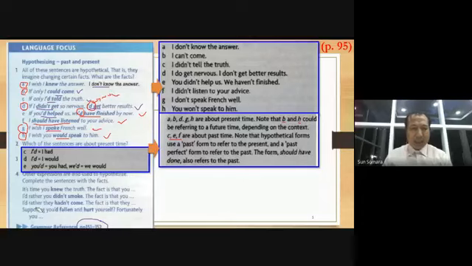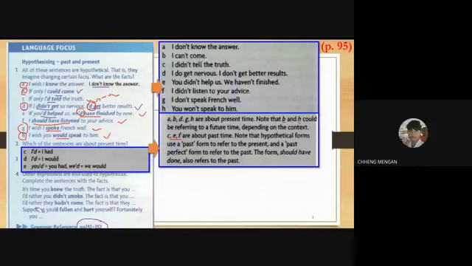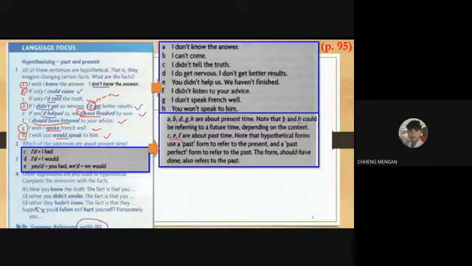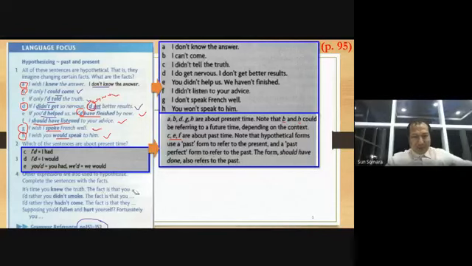It's time to know the truth. The fact is that I'd rather you didn't smoke or something. The fact is that you haven't known the truth yet. Okay, how about the second one? What should be the possible answer for that?